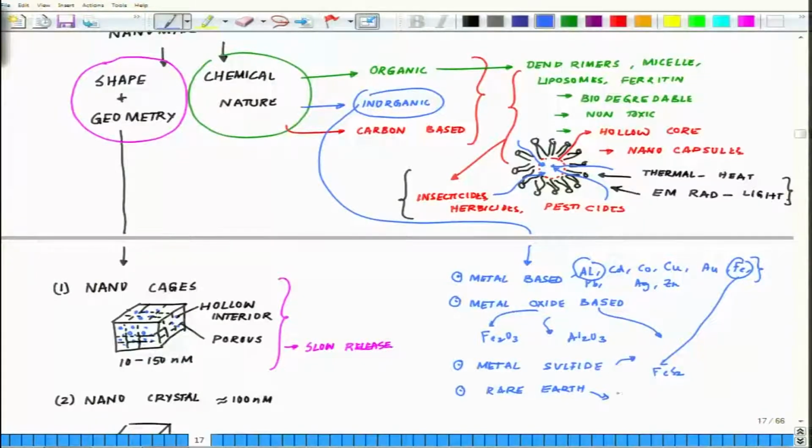If we talk about rare earth, we will be talking about CeO2, cerium oxide. FeS2 is iron sulfide. We will talk about, say, molybdenum sulfide, MoS2, which is a material very similar to graphene oxide. Similarly, we will be talking about some of the other sulfides where metal is represented as M and sulfide is represented as S.